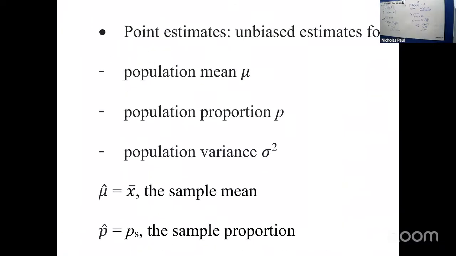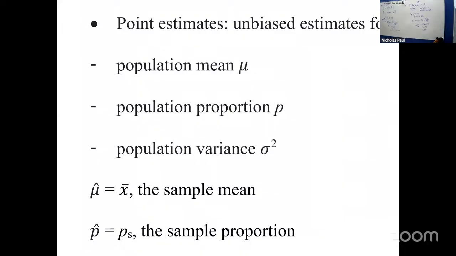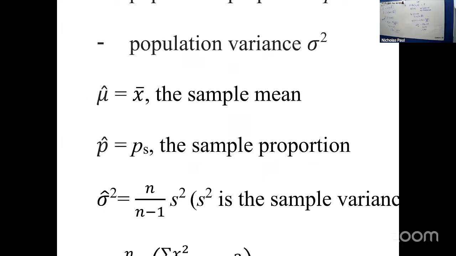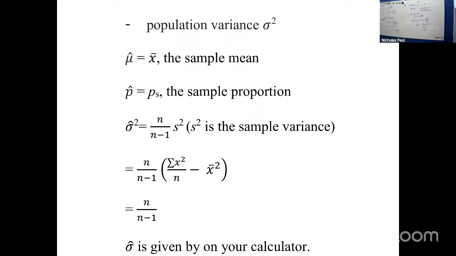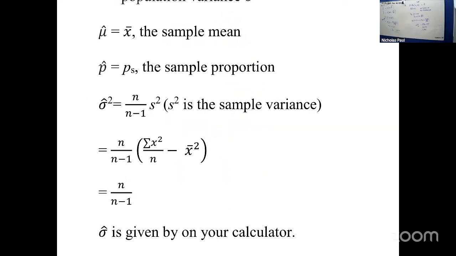Sometimes we have to do unbiased estimates for each one of these: the population mean, the population proportion, the population variance. To do that, we take the sample. Whenever you make these estimates, we generally put a little hat on top.